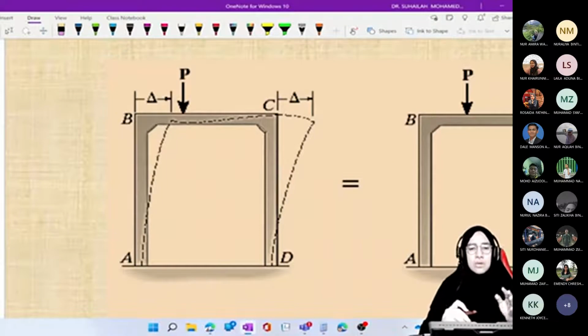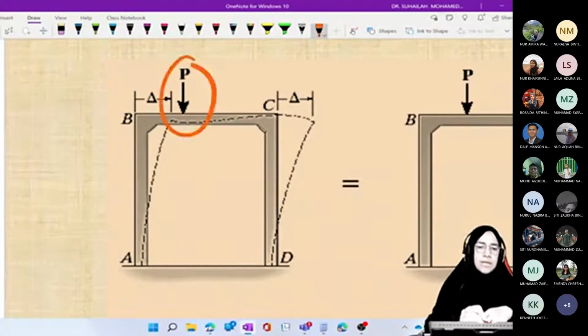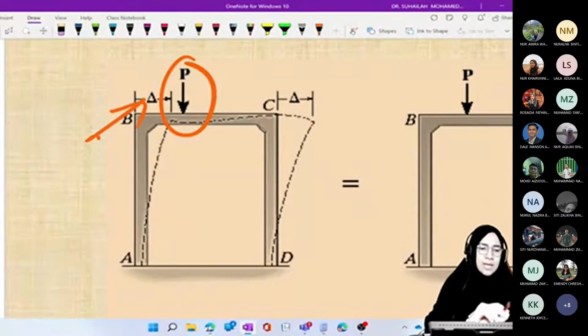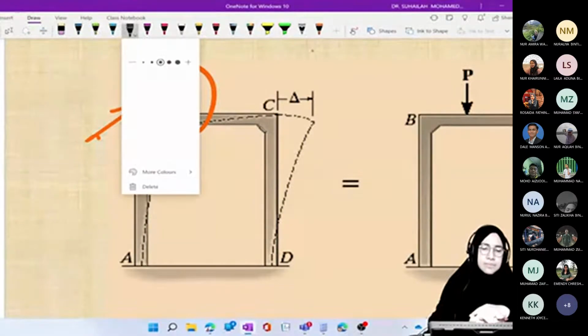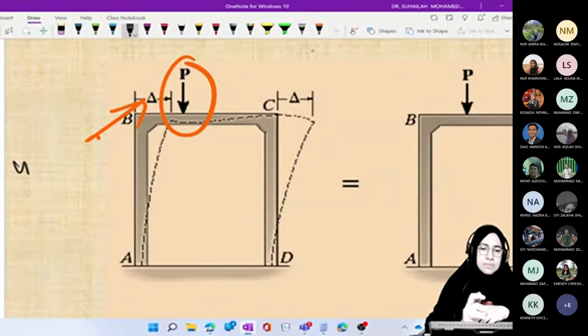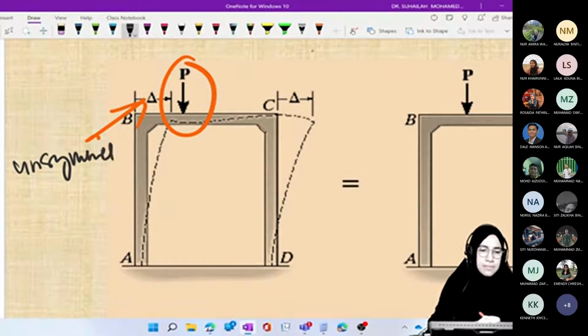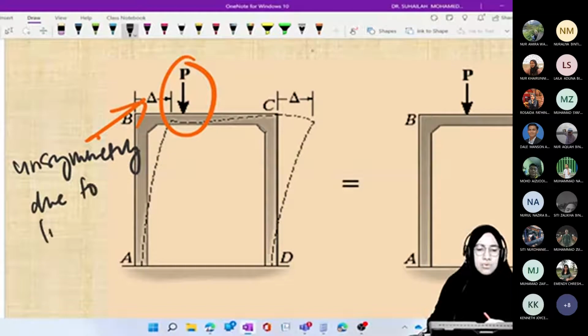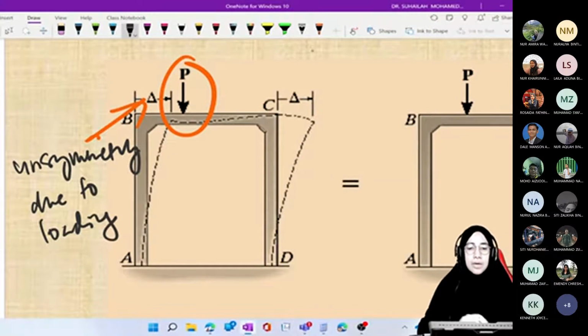So this is unsymmetrical due to loading. Due to loading, it will move sidesway.